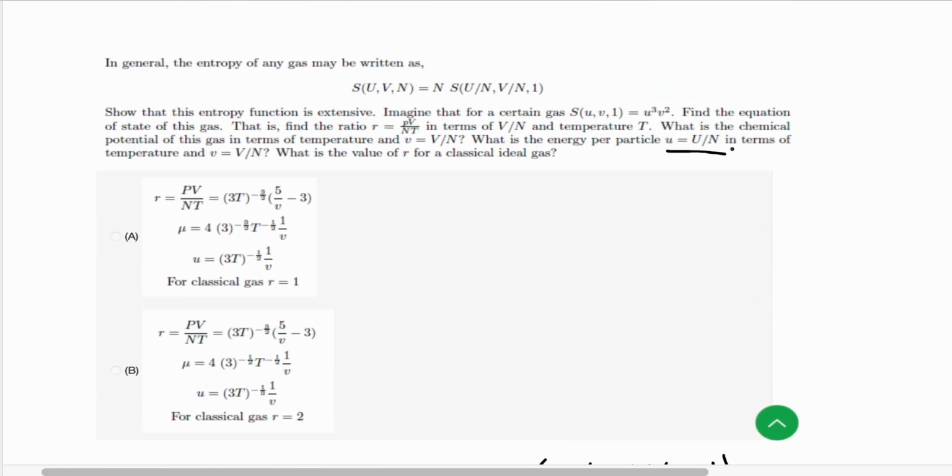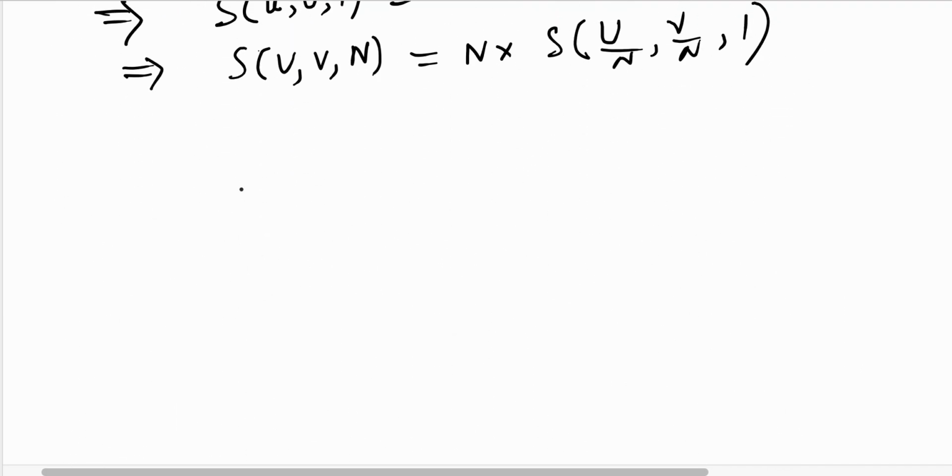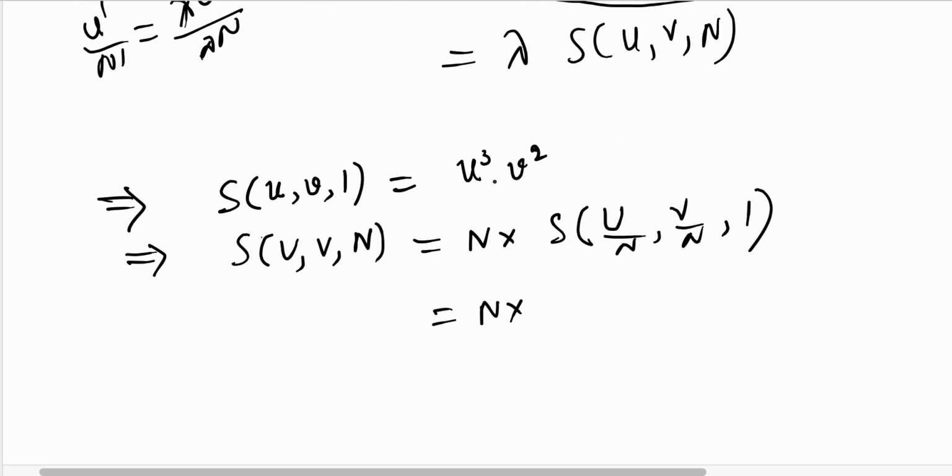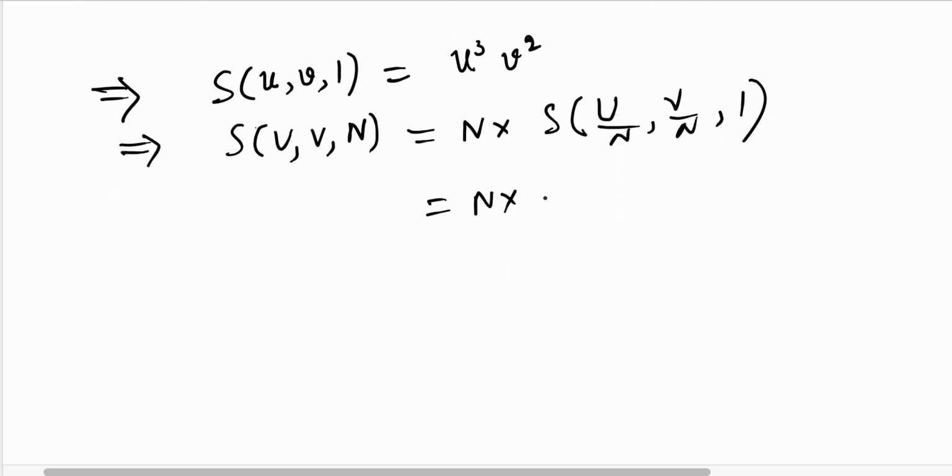So small u is equal to U by N and small v is equal to V by N. That means I can write it as N into u cube v square, that is, U by N cubed and V by N squared.